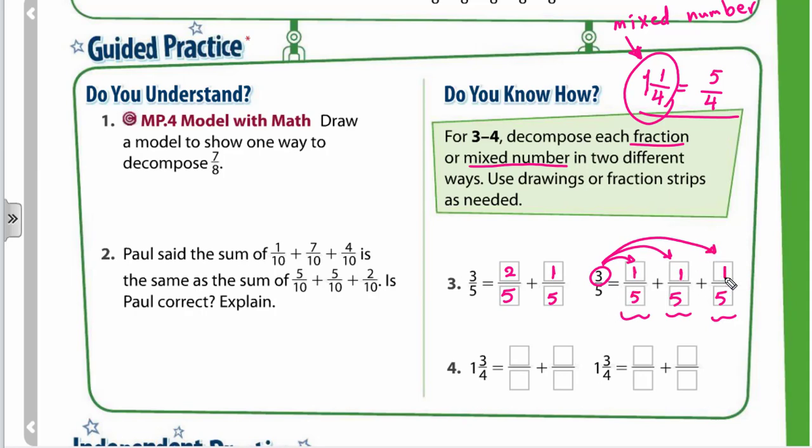That's it. So it's a fifth plus a fifth plus a fifth. Thank you, Khalifa. Mister, how about question 4, like this? We didn't solve question number 4 yet. We will solve it now.